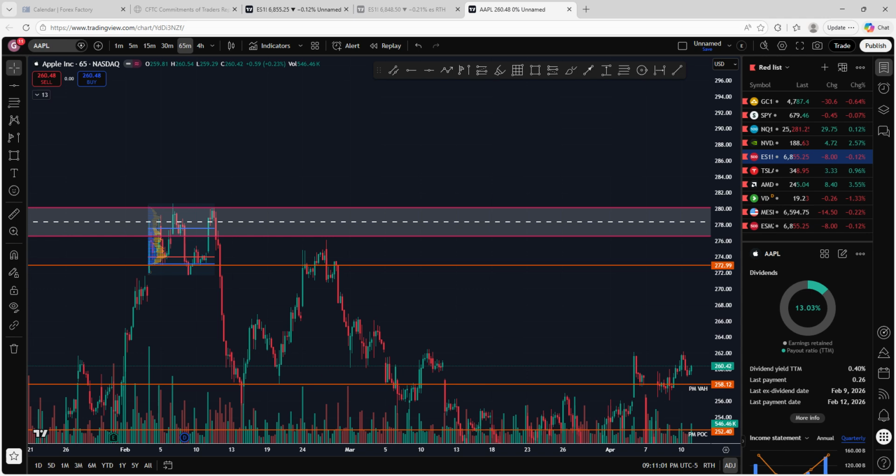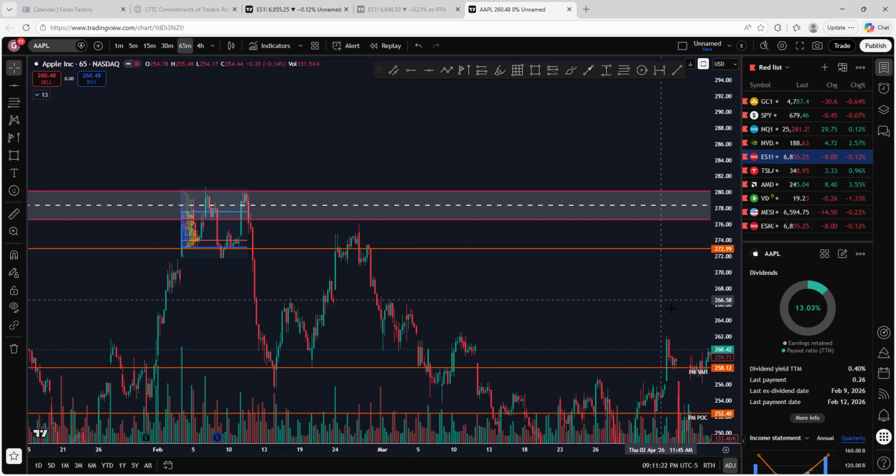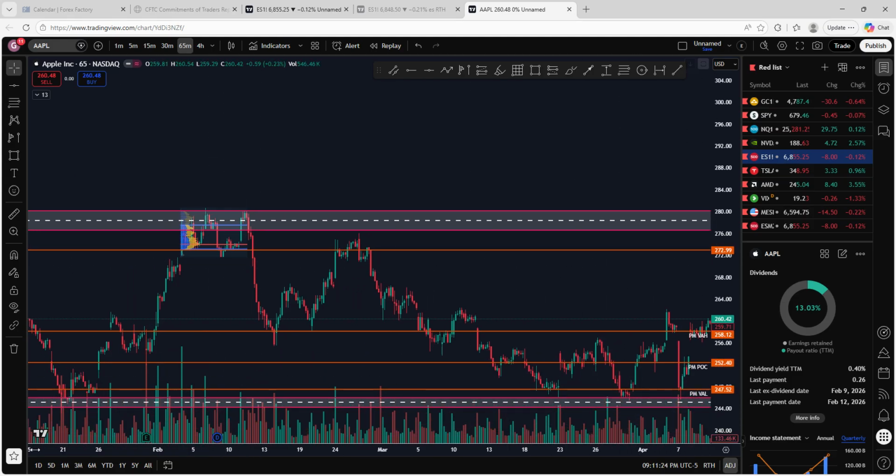If you simply blindly try to trade low volume nodes all day, it's not advantageous for you. You want to ask, what did this level accomplish? What did these sellers get done? Those are the low volume nodes that I'm particularly paying attention to. Does that make sense?